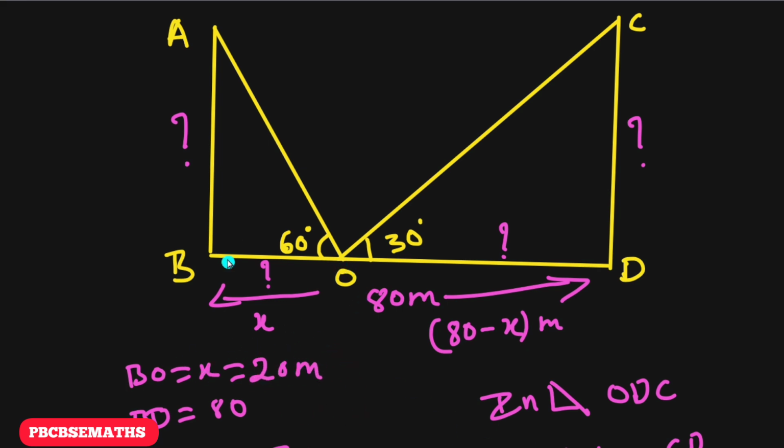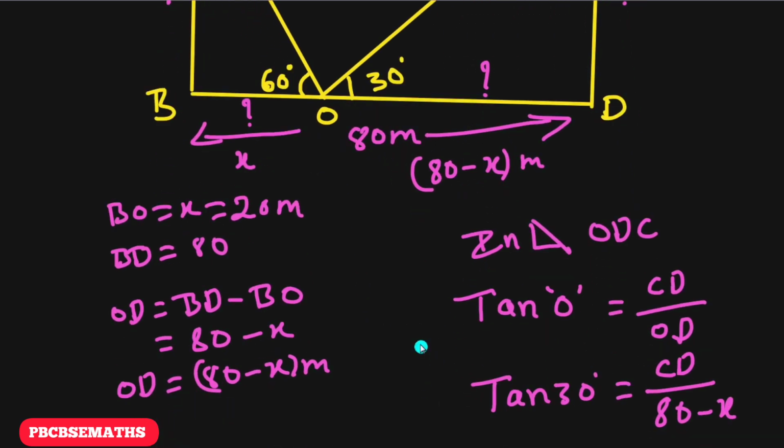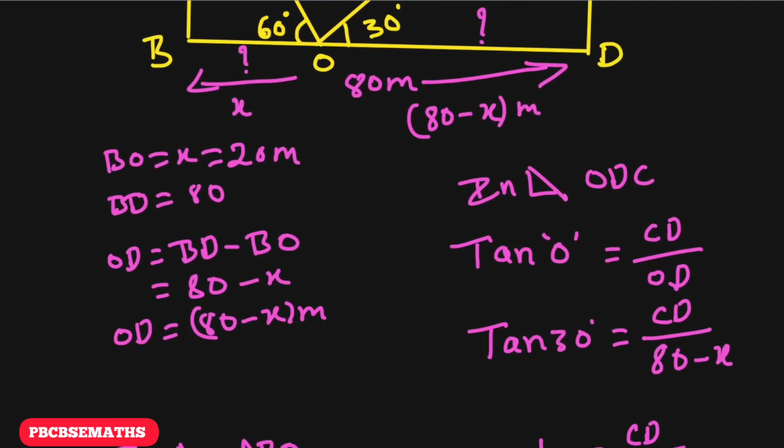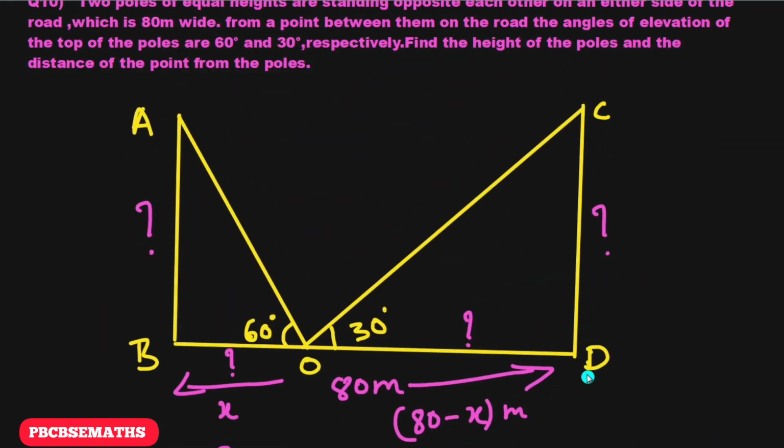And on the other hand, the value of OD is 80 minus x meter. So we can write that OD is equal to 80 minus the value of x, which is 20, which is equal to 60 meter. So this pole CD is 60 meter away from this point O.